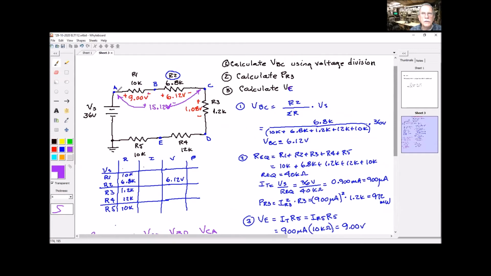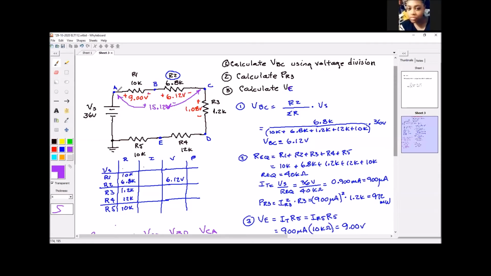So which is right? V sub AC is equal to positive 15.12, or V sub CA is equal to negative 15.12. Now is when somebody replies. Which is right? VAC equals plus 15.12, or VCA is equal to negative 15.12.